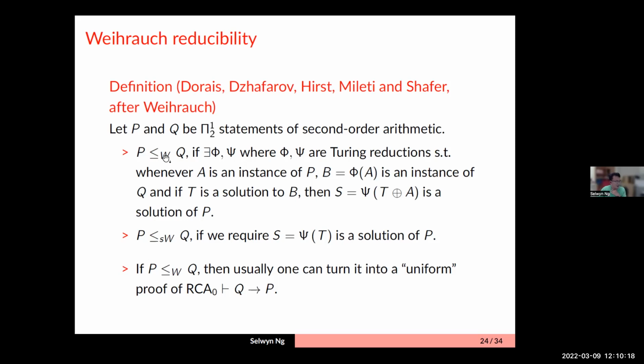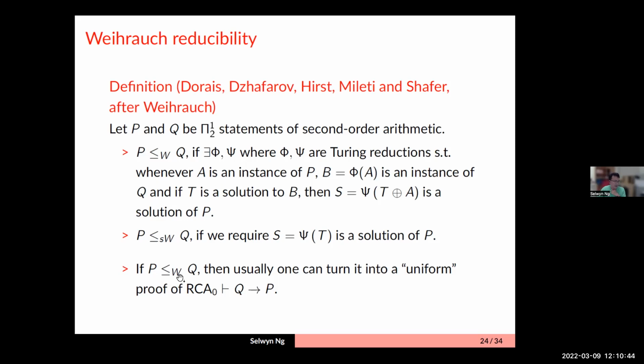Now, the only thing I want to point out is that the difference between the strong and the non-strong version is just that when you are given the solution, in the strong case, you don't need to know the original problem in order to get a solution to the original problem. But for most of the principles that I look at, in fact, the two are equivalent, so I'm not going to really distinguish between them.